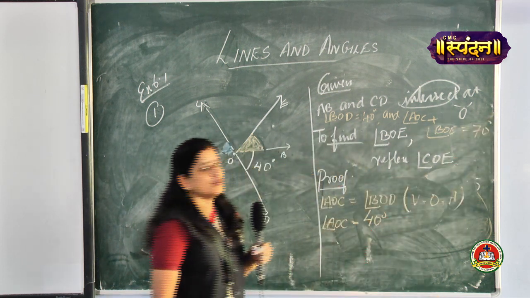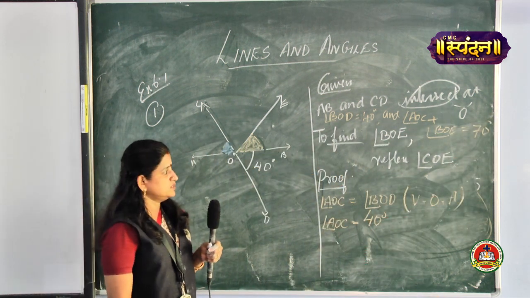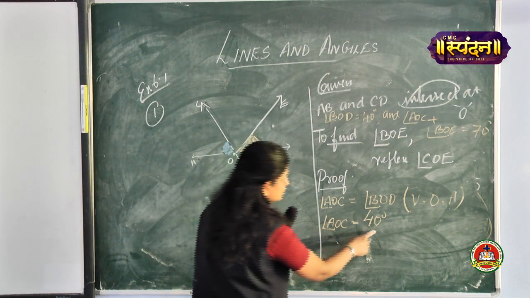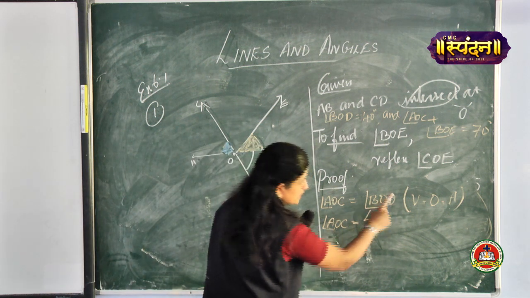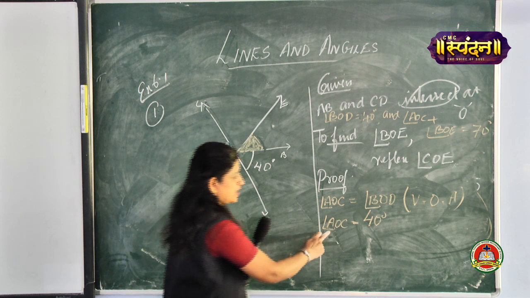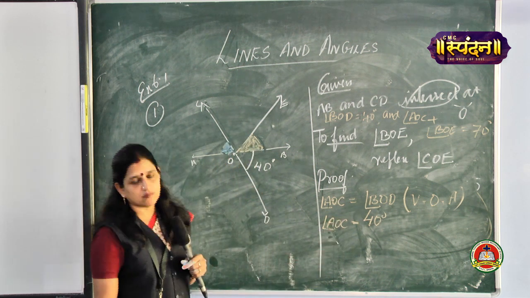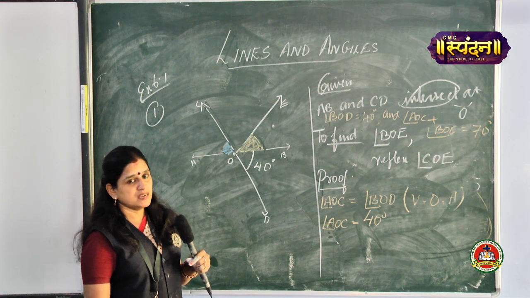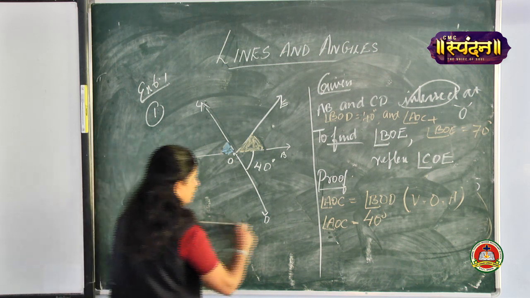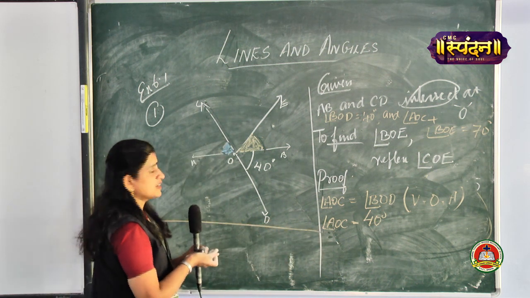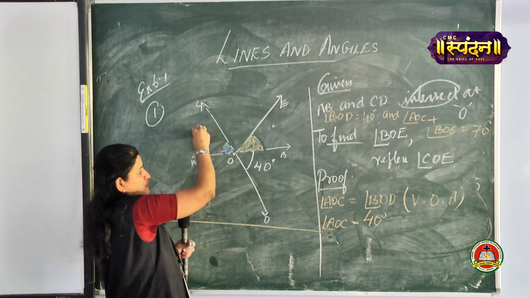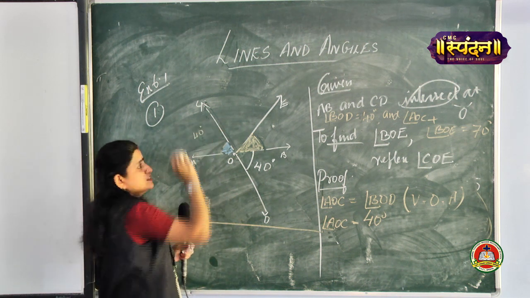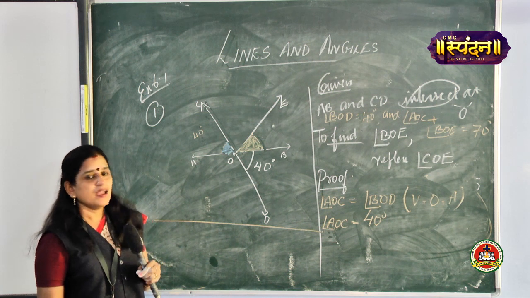Whatever is given, don't miss it, you have to write it over there. Now angle BOD is 40 degree, therefore angle AOC is also equal to 40 degree. Reason, vertically opposite angles. After getting the angles, you write it with pencil over here, so that it is very easy for you to calculate the angles.